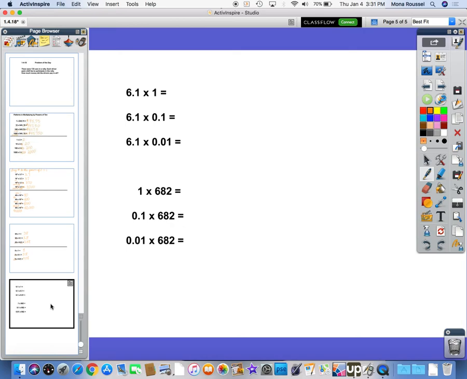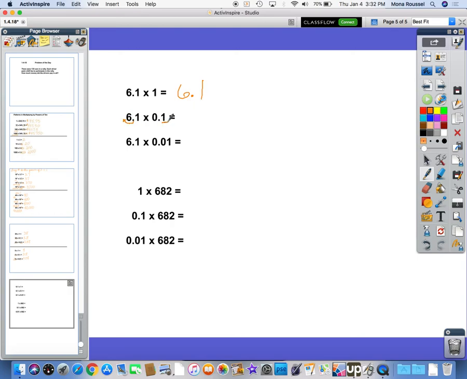We have 2 more sets, but if you notice in this one, the decimal is already in place in this factor. 6 and 1/10 times 1 is 6 and 1/10. Now when we multiply 6 and 1/10 times 1/10, the decimal is already here, so we're moving this decimal one place to the left.